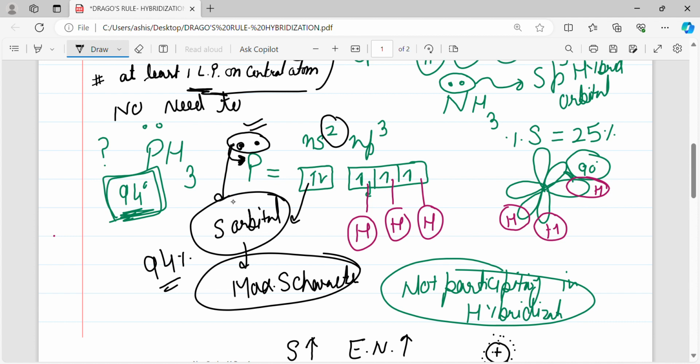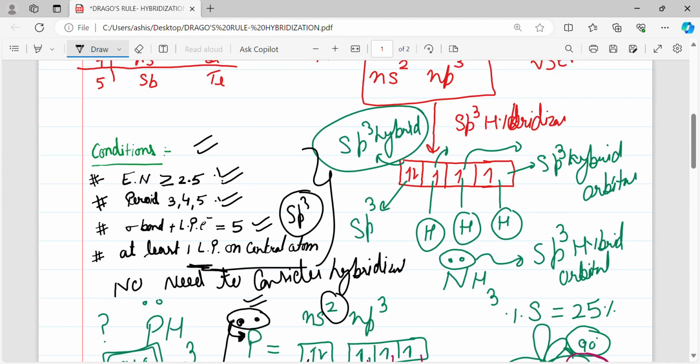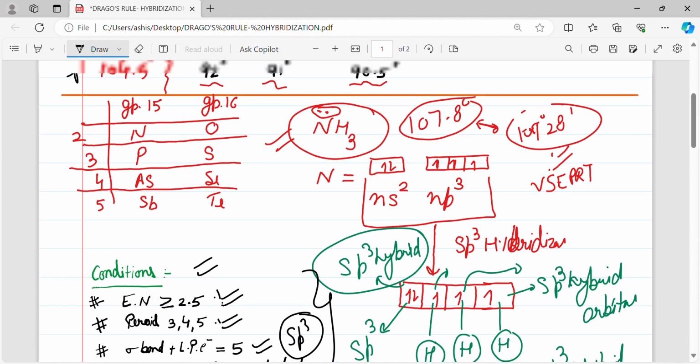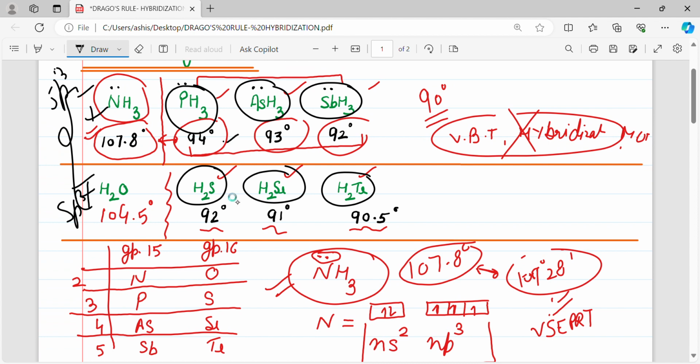If any compound fulfills these conditions, we can apply Drago's rule, and according to it there is no need to consider hybridization. That is the reason that the bond angle of these is around 90 degrees.